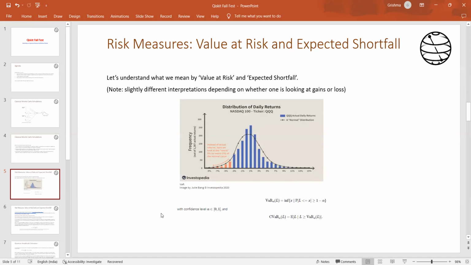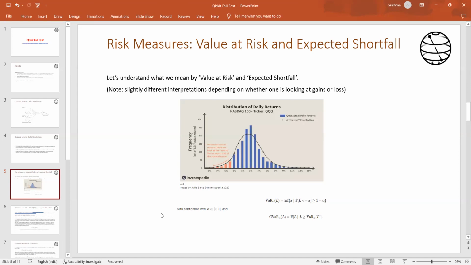For example, the plot you see here, which I have taken from Investopedia, is about the daily return. What I'm actually trying to see is, what is my risk? The risk is when my returns are actually low. So I'll look at the distribution from the left hand corner, and I'll define some kind of a confidence level.